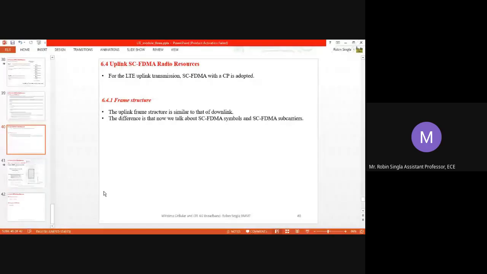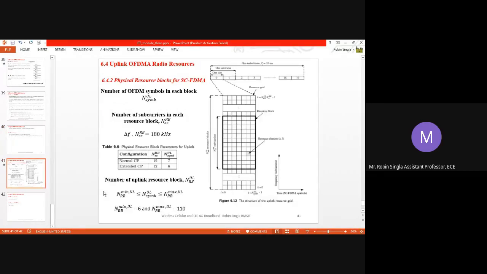The remaining thing is the same. Each slot is 0.5 millisecond and a subframe contains 2 slots like that. Okay. Then physical resource blocks for SCFDMA. There is no difference. The only difference is that the names will change. Instead of downlink symbols, now we write uplink symbols, and instead of downlink resource block, we will write uplink resource block.